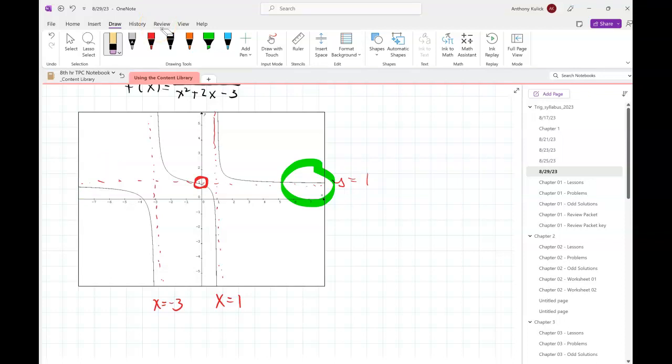Just as a little reminder from Algebra 1, we name vertical lines x equals because every point on this vertical line has the same x coordinate, in this case, -3. So we write x equals -3 because every point on that vertical line has the x coordinate -3.